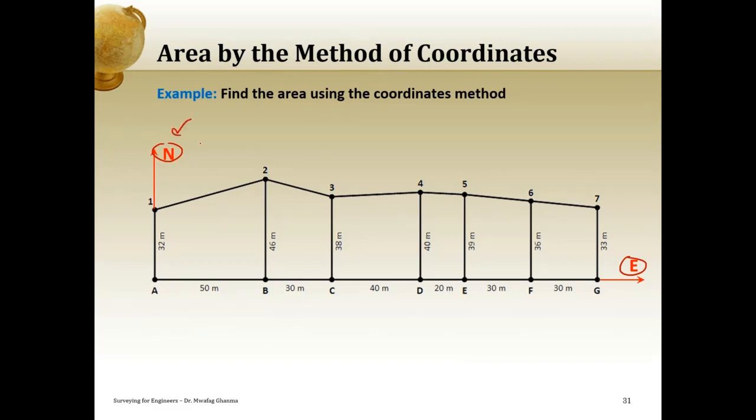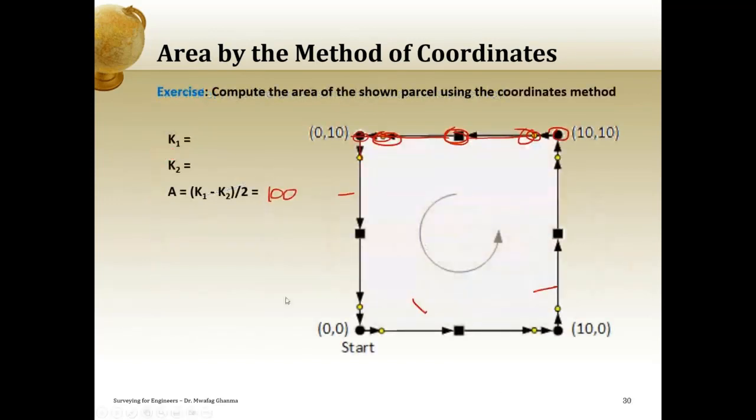I will not give you N, I will not give you E, the eastern and northern coordinates. I will give you just this shape, and I will give you the distances. You suggest, because it doesn't matter if this is 0 and 0 or 10 and 10. Like if you want to say here, it is 10, 0, 0 and 10, 0.